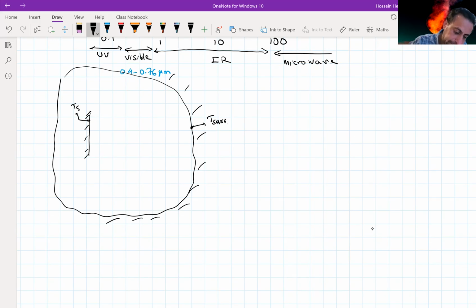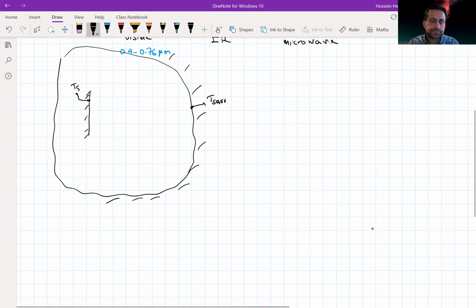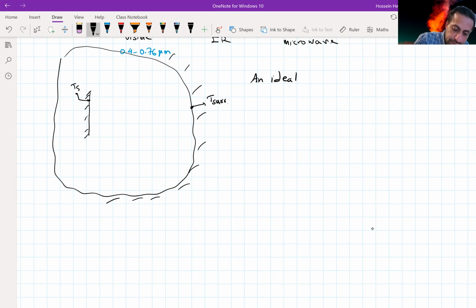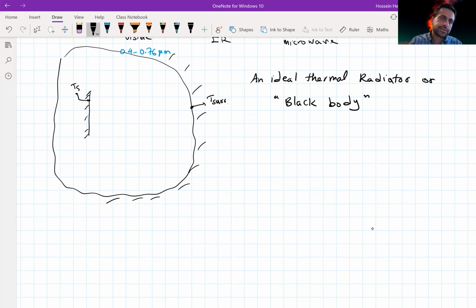I'm going to call it T of surrounding. Now, an ideal thermal radiator, and I'll explain what I mean, an ideal thermal radiator, or what we call a black body, can emit energy that depends on its surface temperature, sigma Ts to the power of 4.